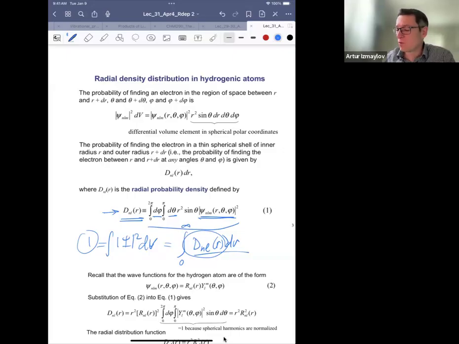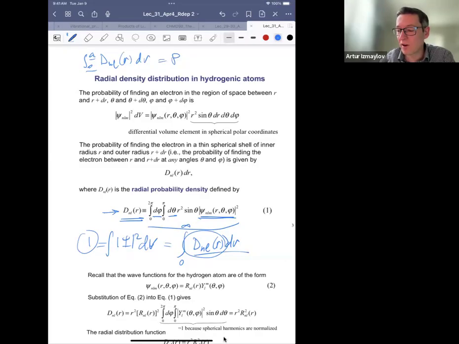Okay, so if you want to know how much of the electron density you have between 0 and A, all you need is to integrate D of r dr between 0 and A, right?